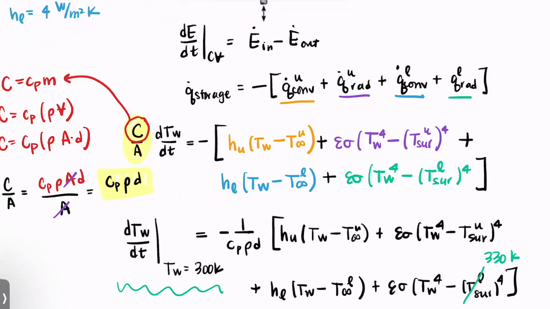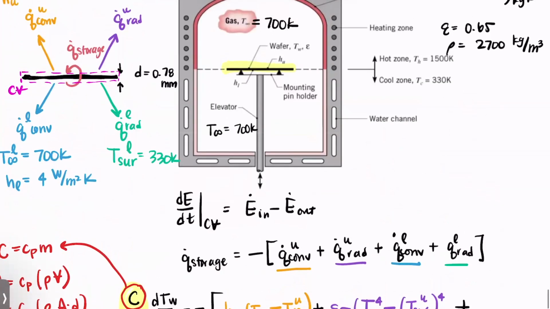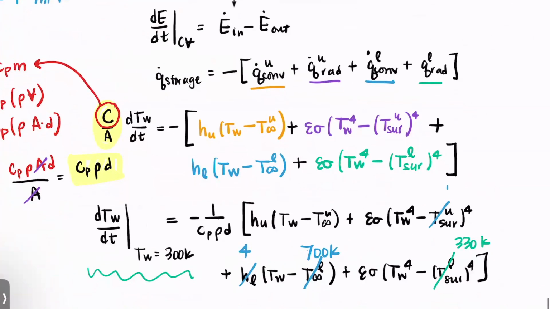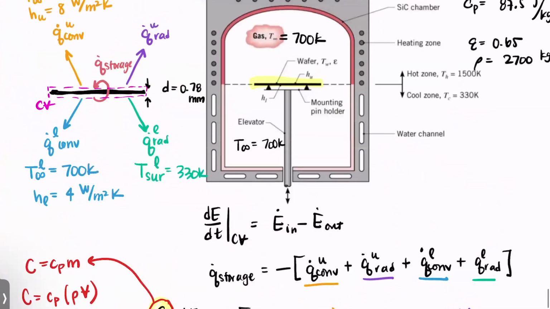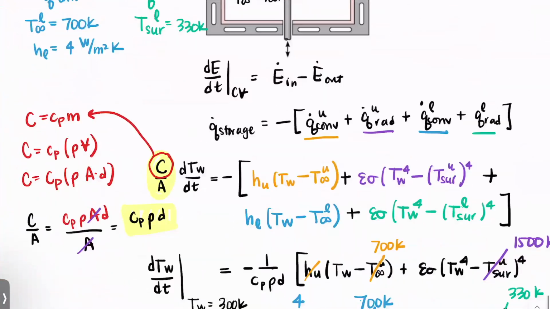T infinity of the lower surface is 700 Kelvin. HL is 4. On the upper side, 1500 Kelvin is our surrounding temperature, and 700 again for the upper surface T infinity. And then we also have HU is 8.